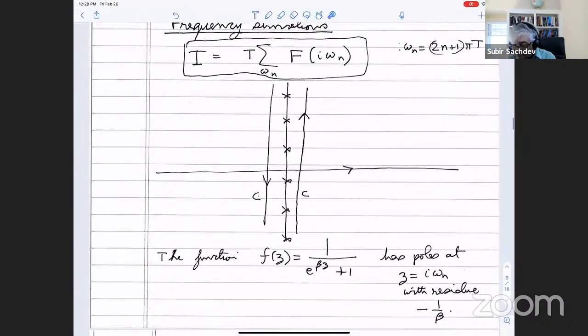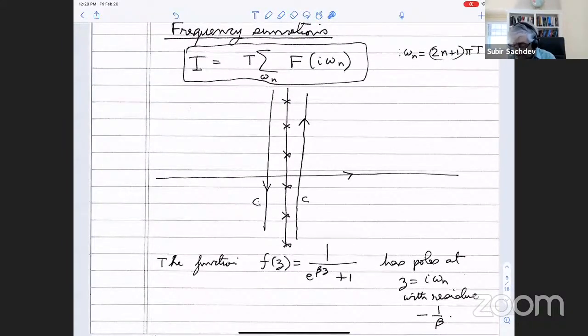Okay, but let's just take the problem at hand, where f is any arbitrary function of i omega n. What we're going to do now is consider the summation in the complex frequency plane, where z is i omega n.